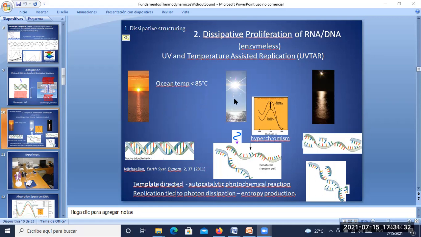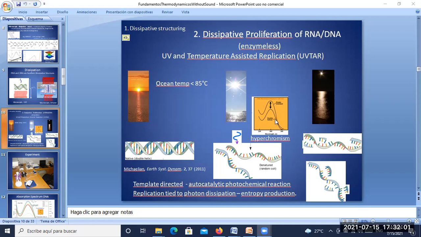But as you can imagine, when the sun came out and warmed up the ocean surface a little bit, because of the absorption of infrared light on the ocean surface, and also because of the absorption of the ultraviolet light in these DNA molecules, that would be sufficient to denature this molecule. And when we do denature it, we find that it absorbs stronger in this UVC range.